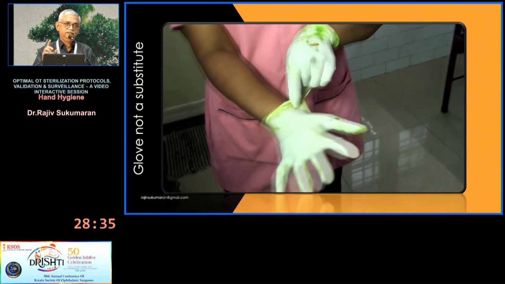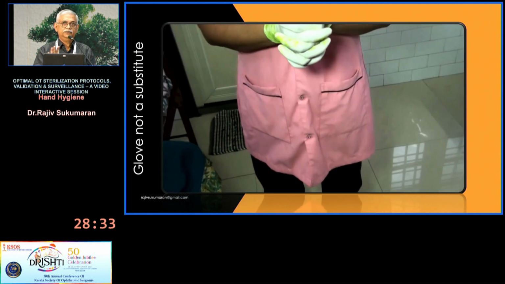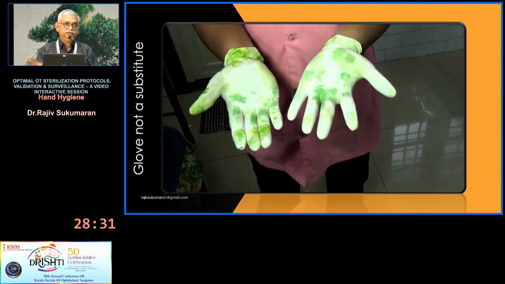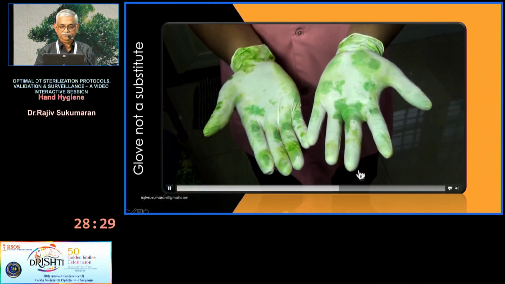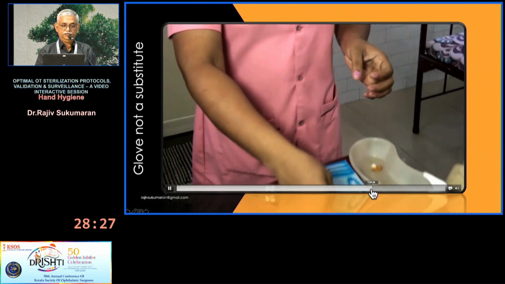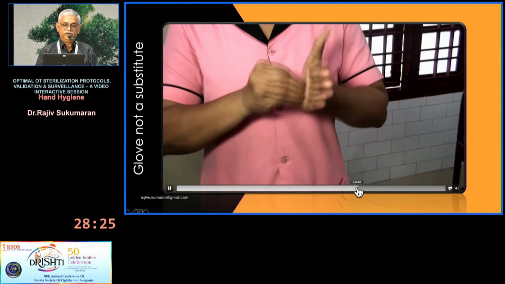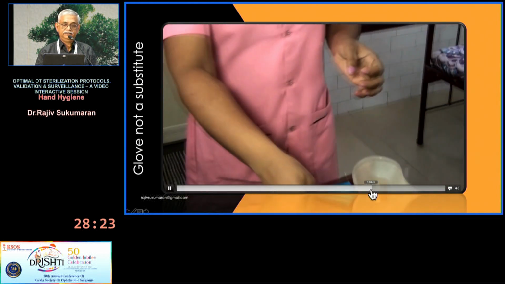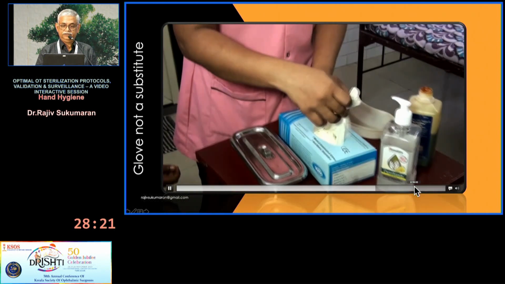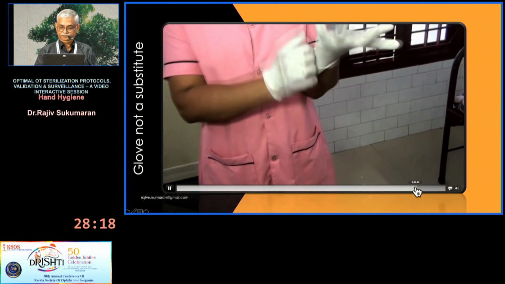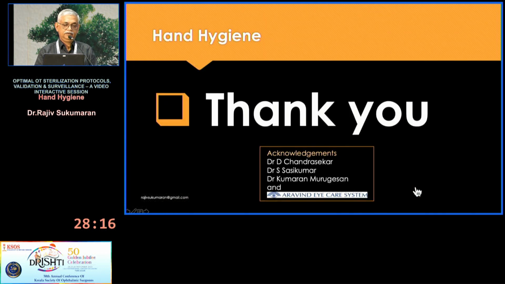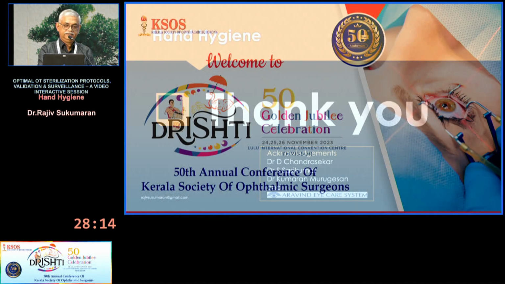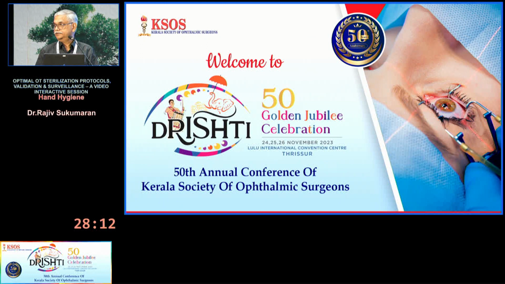Without hand hygiene, wearing a glove is not going to protect you or the patient. So the best way is to do hand hygiene and then take a clean glove and do the procedure. Okay, thank you. That's hand hygiene. Next.